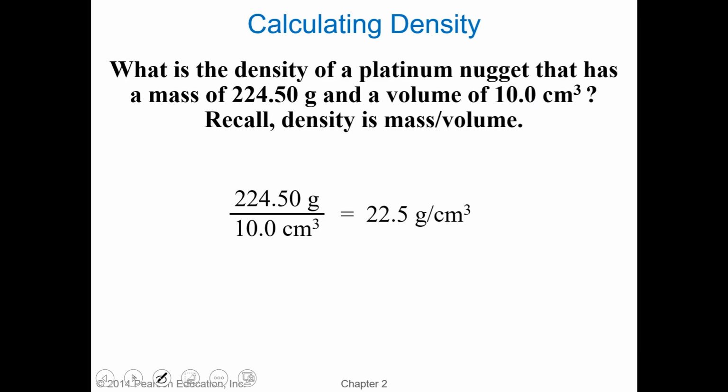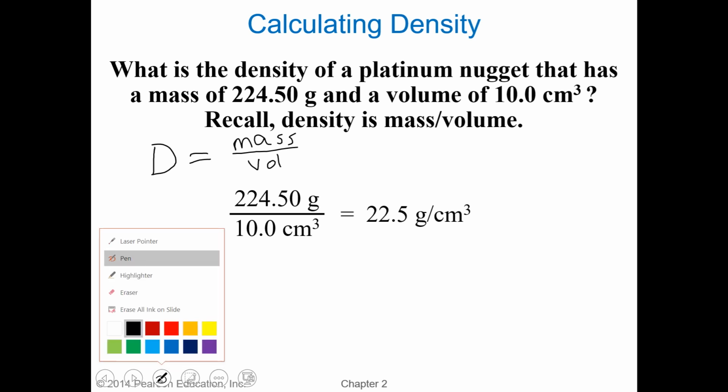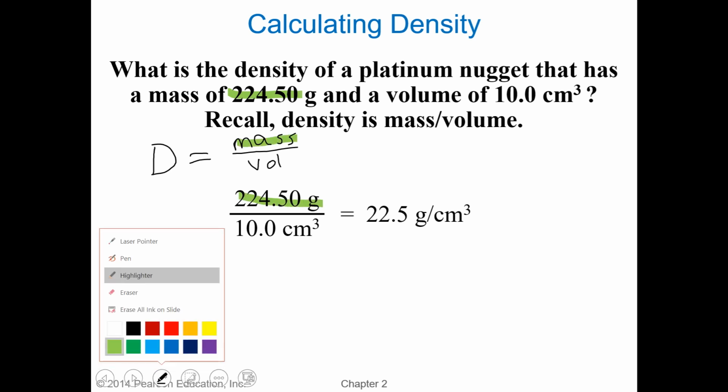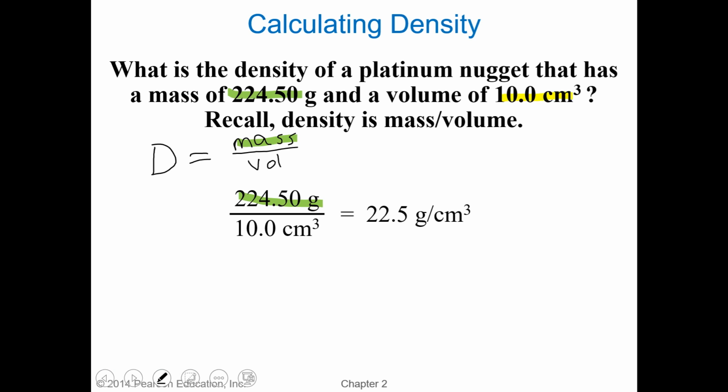So if I were to ask you, what is the density of a platinum nugget that has a mass of 224.50 grams and a volume of 10 cubic centimeters? You would say, okay, density equals the mass divided by the volume. They told us the mass. Here's the mass. And then they're going to tell us the volume, 10 cubic centimeters. You do the math and you simply just get 22.5.